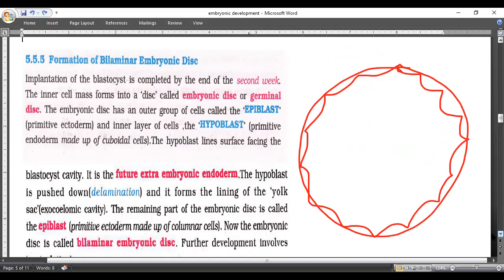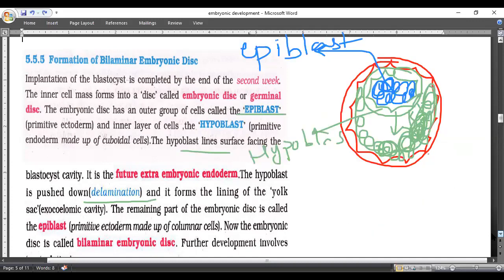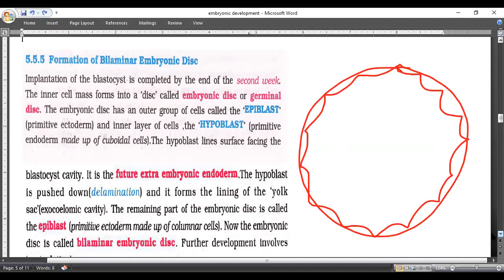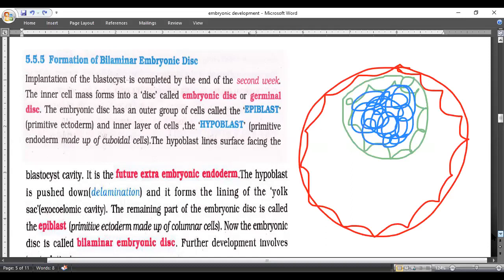Let me use the same color. Let us draw the fresh diagram. I need to draw the hypoblast like this. This is hypoblast, and the inner one is epiblast, the blue one.